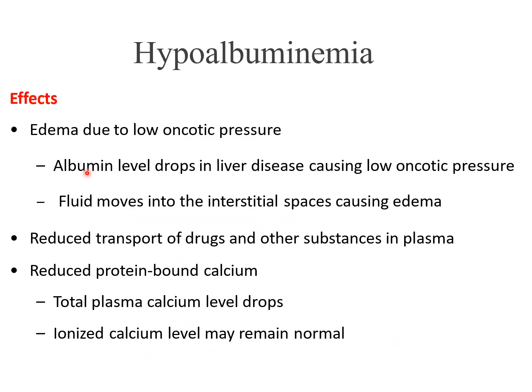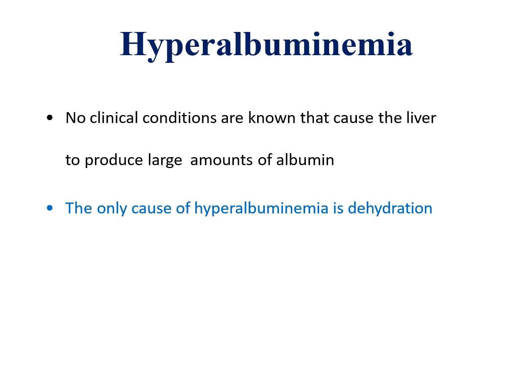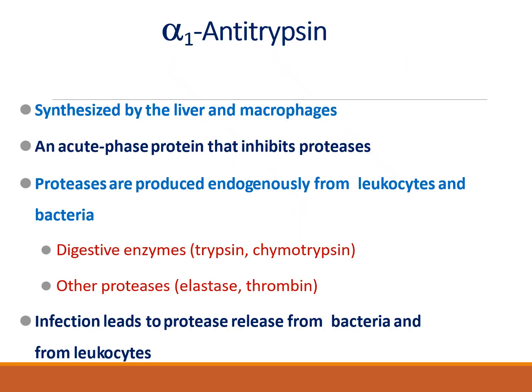Effects: edema due to low oncotic pressure, reduced transport of drugs and other substances in plasma, and reduced protein bound calcium. So these are the different effects that lead to hypoalbuminemia. And for hyperalbuminemia, no clinical conditions are known, the only cause is dehydration.